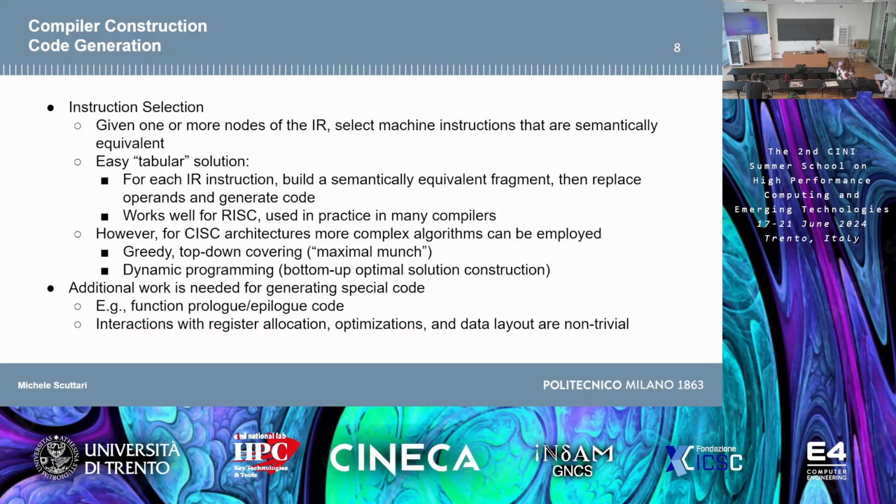So what does the maximal munch do? It looks at the root of this tree, okay, and tries to find the largest instruction from the instruction set architecture that covers most of this tree. Okay, maybe it finds just a store, but maybe it finds something that is a sum that also has the ability to store the result not in a register but in memory.